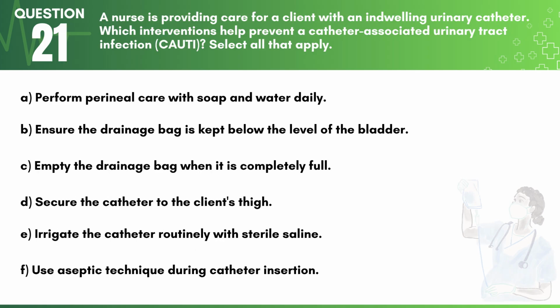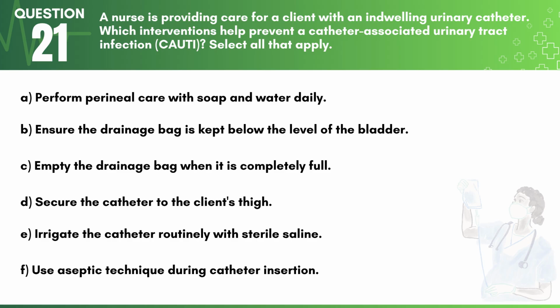Question 21. A nurse is providing care for a client with an indwelling urinary catheter. Which interventions help prevent a catheter-associated urinary tract infection, CAUTI? Select all that apply. A. Perform perineal care with soap and water daily.